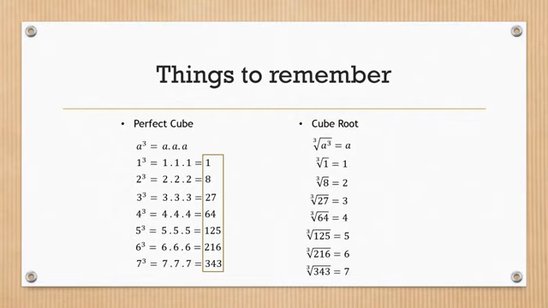And for the rest, find the perfect cube of 9 times 9 times 9, then take its cube root. That is part of your assignment. You can use a calculator, class. Again, be familiar with this.